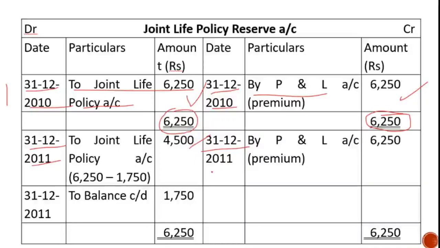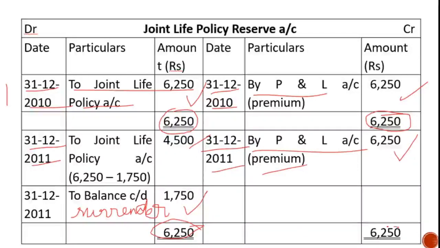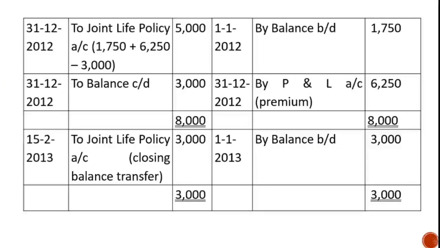At the end of the year you carry the premium. Premium is 6,250 every year. Now you will get a balance. The balance is nothing but the surrender value given in the problem. So that is 1,750. So we have total on both the sides 6,250.